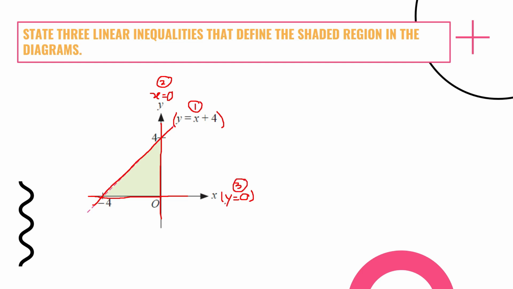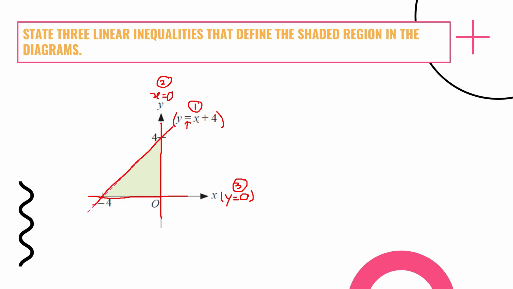First we take a look at the first equation. What inequality sign do we use to change it into linear inequality form? First we check the shaded region. The shaded region for the first line is below this line.